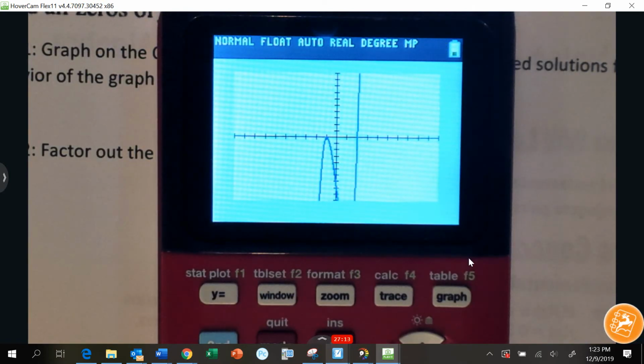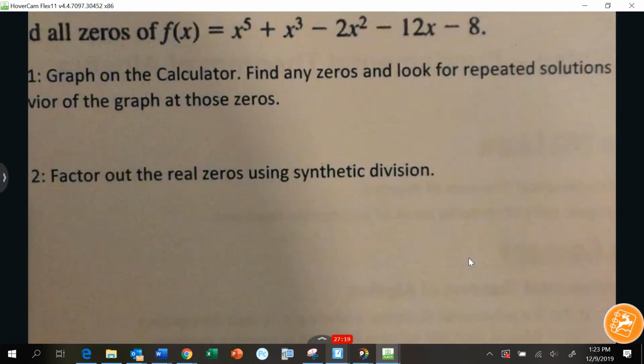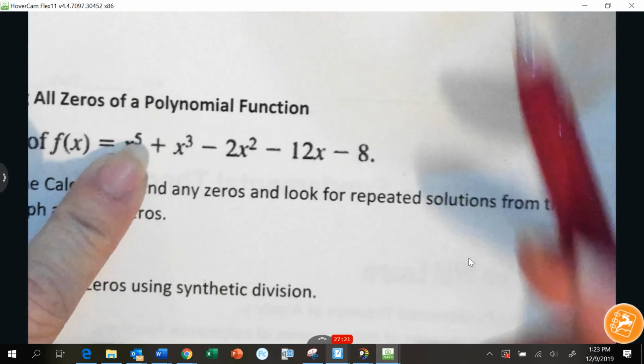How many solutions, or how many zeros, are we looking for in this one? We're looking for 5 zeros.